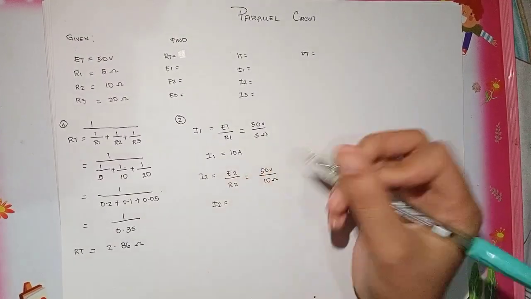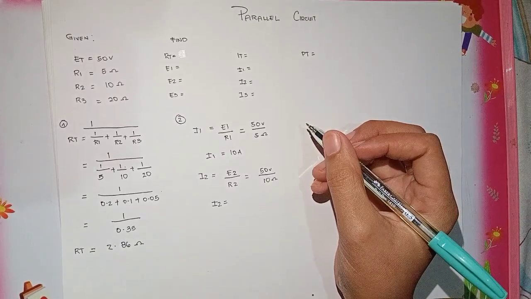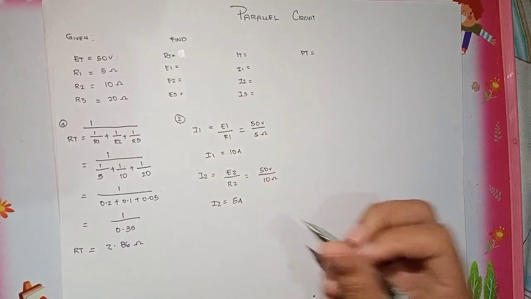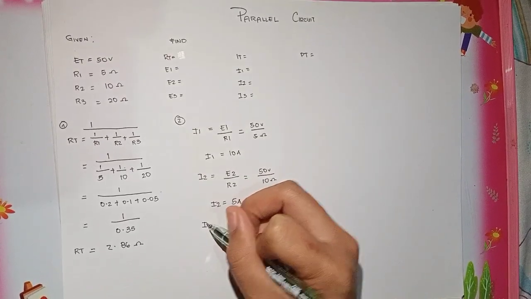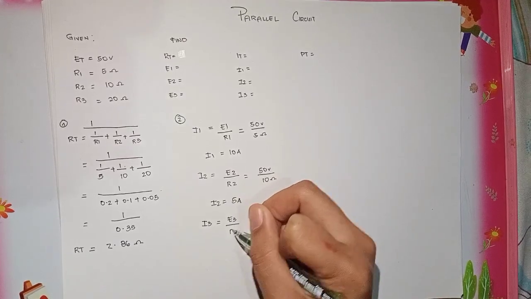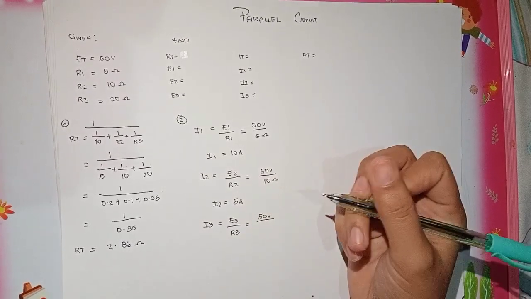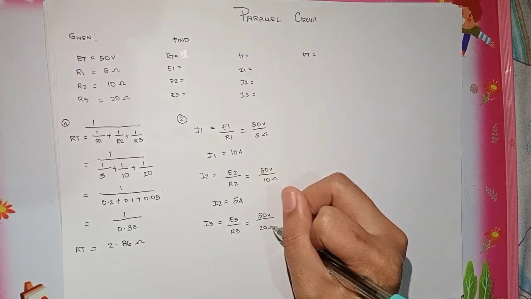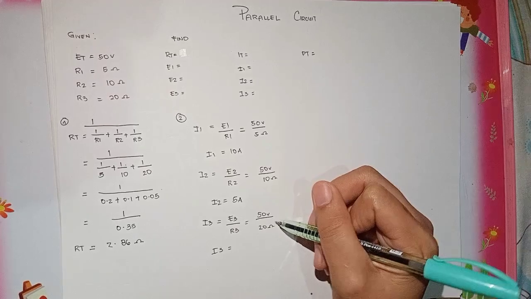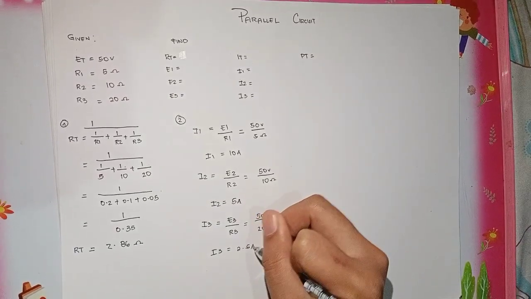I2, 50 volts divided by 10 ohms, is equal to 5 amperes. The last one is I3, equal to E3 divided by R3, equals 50 volts divided by 20 ohms, which is equal to 2.5 amperes.